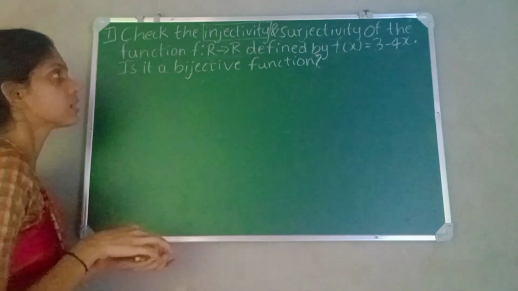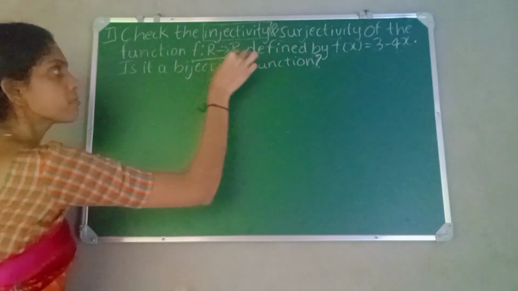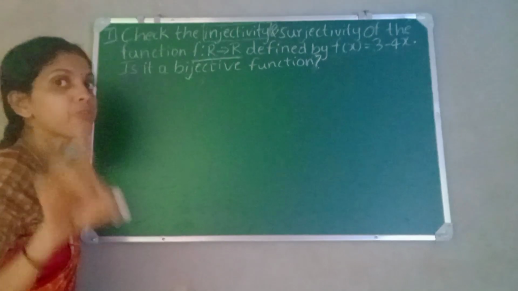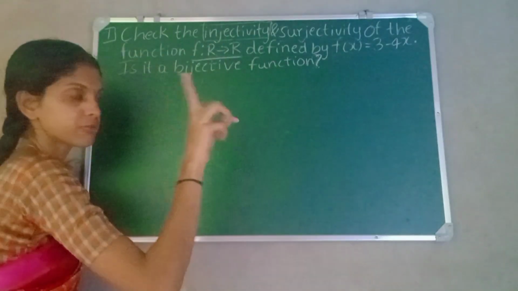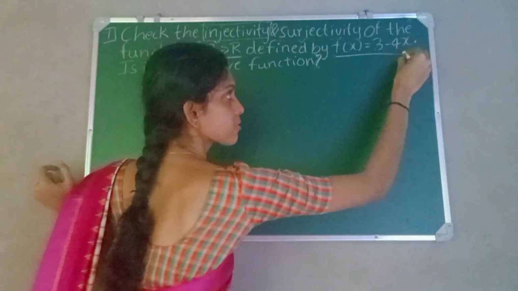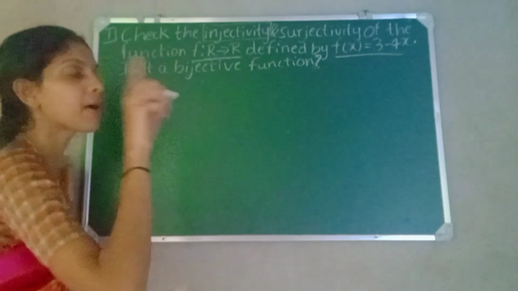Here f from R to R is the function, and f of x is given as 3 minus 4x.